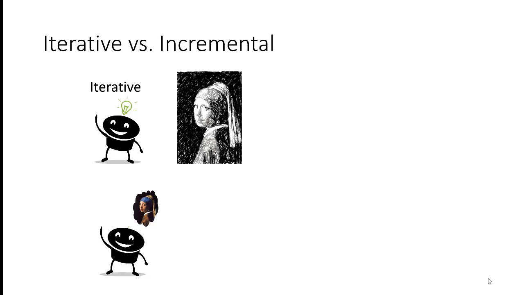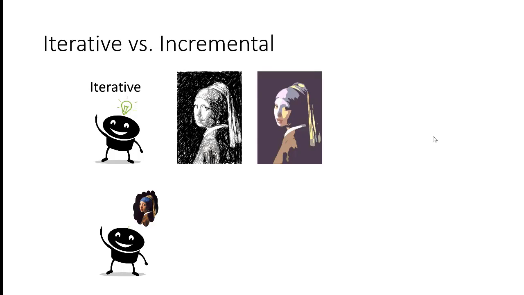So iterative would be where you take an idea. You have some sort of general idea of what you want, but not a really clear picture. This one down here is going to be when you have a really clear picture. But if you have a general idea, you say, I'm going to sketch this out first. Once I have the sketch out, I'm going to add a little bit more layer on top of that, the color.